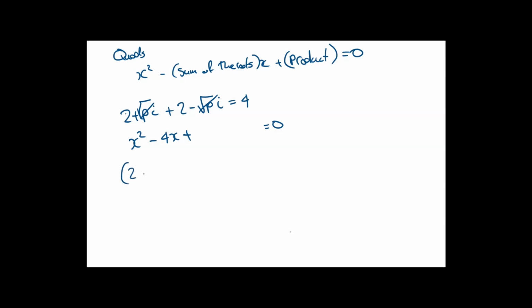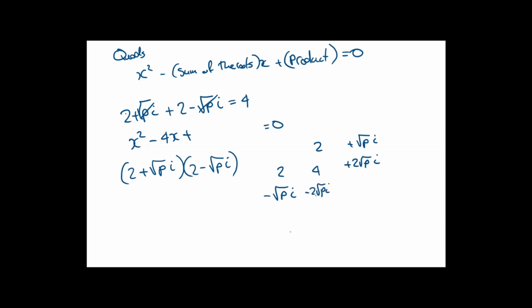Well, let's do it right now. So 2 plus square root p i, times 2 minus square root p i. So it's going to be 4 plus 2 square root p i minus 2 square root p i. They're going to cancel out.